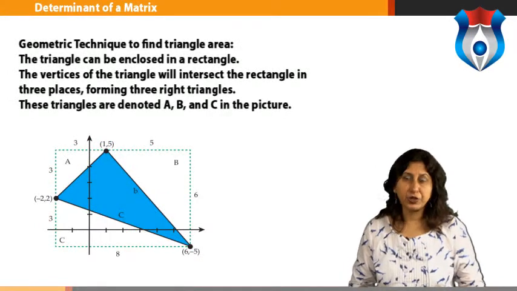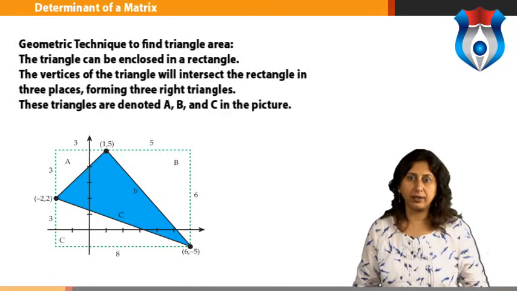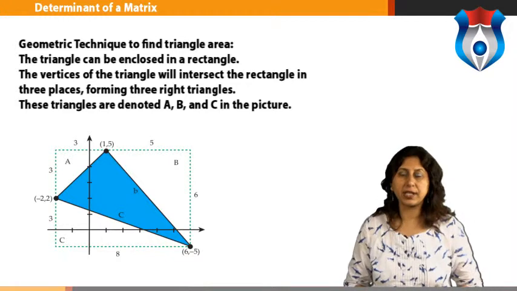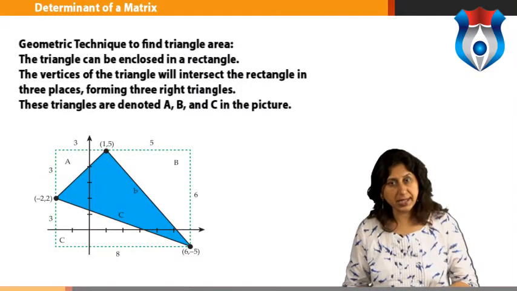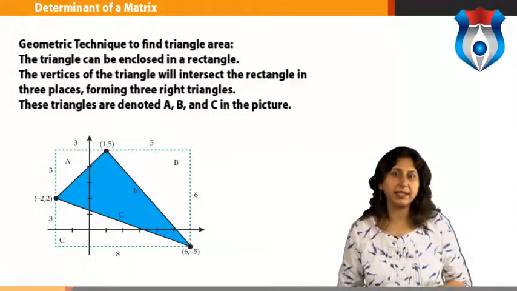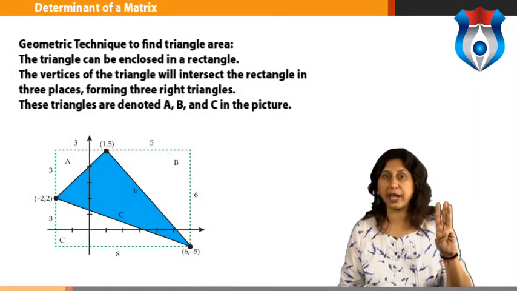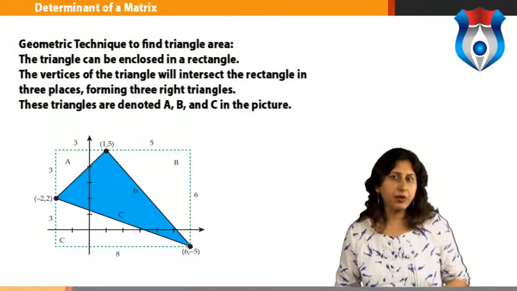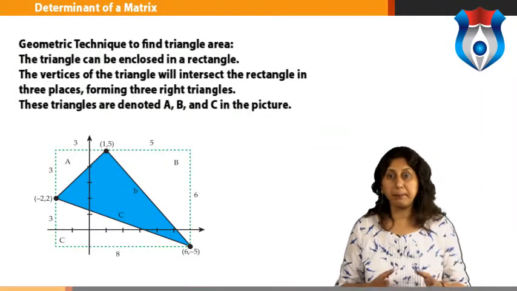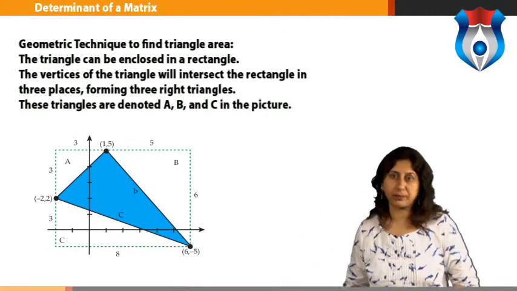Geometric technique to find triangle area. The triangle can be enclosed in a rectangle. The vertices of the triangle will intersect the rectangle in 3 places, forming 3 right triangles. These triangles are denoted A, B and C in the picture.